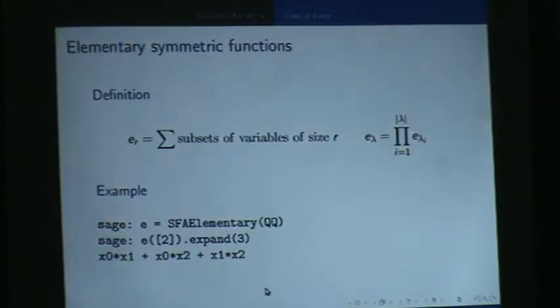And like with the power sums, you define E sub lambda, where lambda is an integer partition. You just multiply all the corresponding ones together. So I can create this basis in Sage by saying E equals SymmetricFunctionAlgebra elementary QQ. And here we're going to expand E of 2 on 3 variables, and you get what you think you should get.